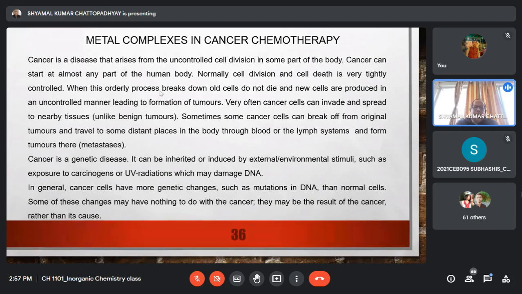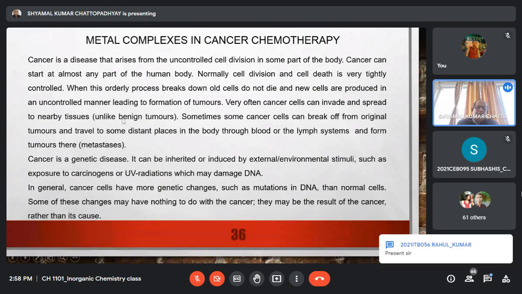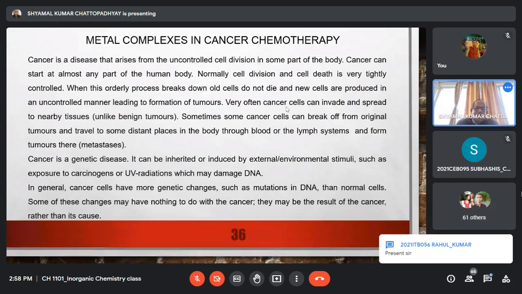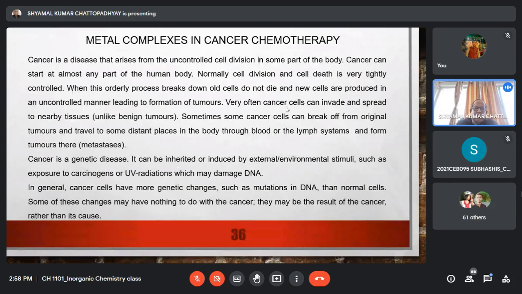Very often cancer cells can invade and spread to nearby tissues, right? Benign tumors are localized in one particular space, whereas malignant tumors may spread to nearby tissues, thereby increasing the possibility of being fatal.